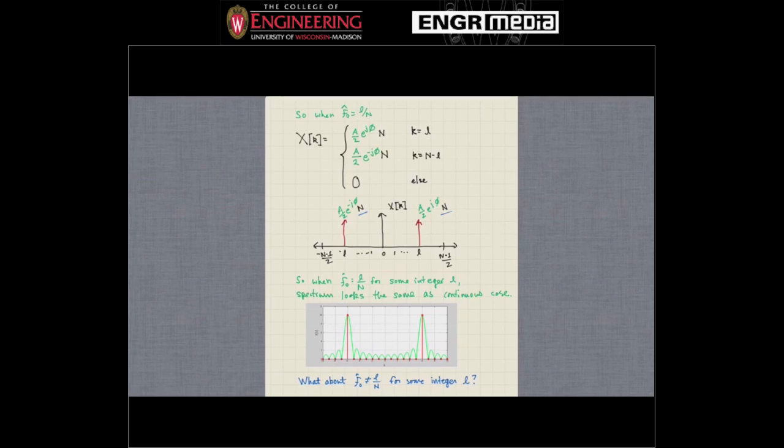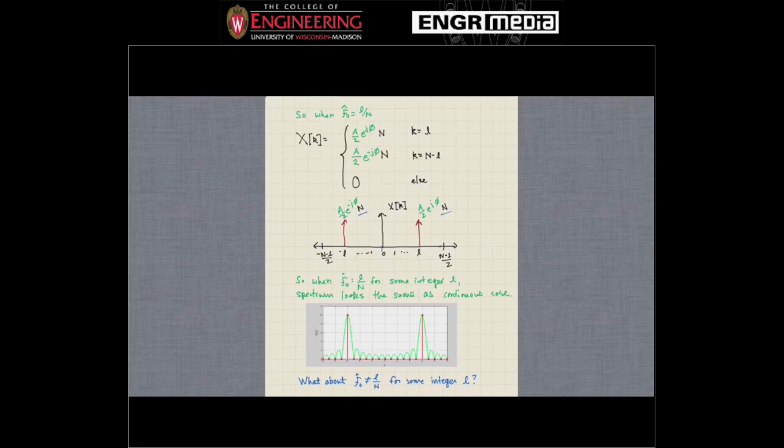And remember how we plotted this last time, we just drew the values of X of k. Normally you could draw the spectrum starting at k equals 0 all the way up to n minus 1. But remember we wrapped around those values. In MATLAB that would be the command FFT shift.